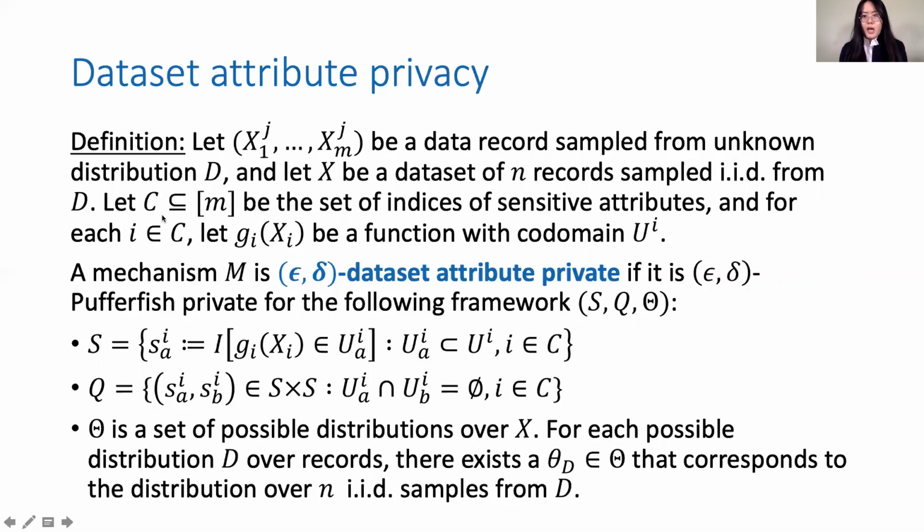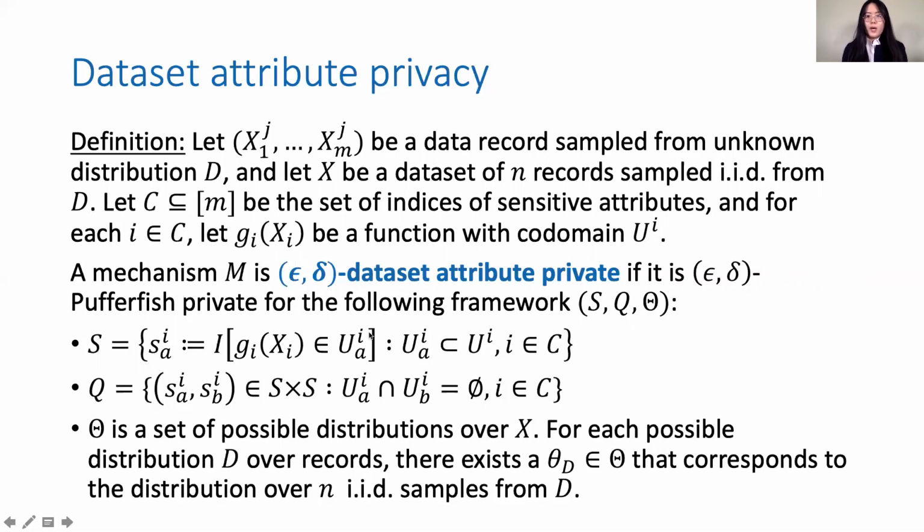In other words, our dataset contains n IID samples drawn from a distribution of the attributes. And C is the indices of sensitive attributes, and g_i of x_i models a property, and its codomain is U_i.